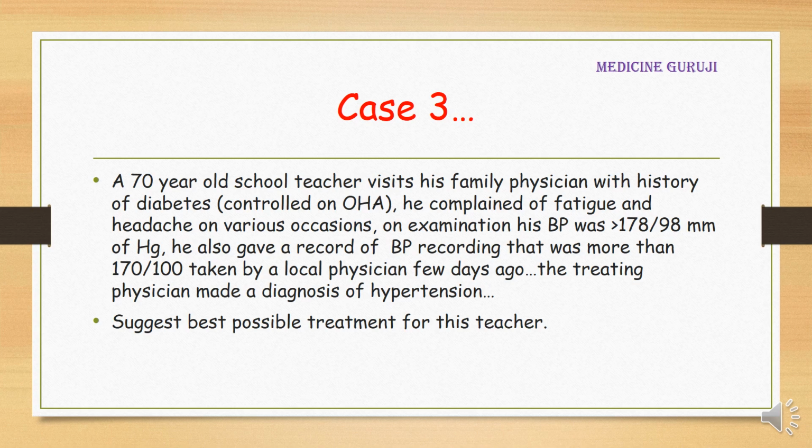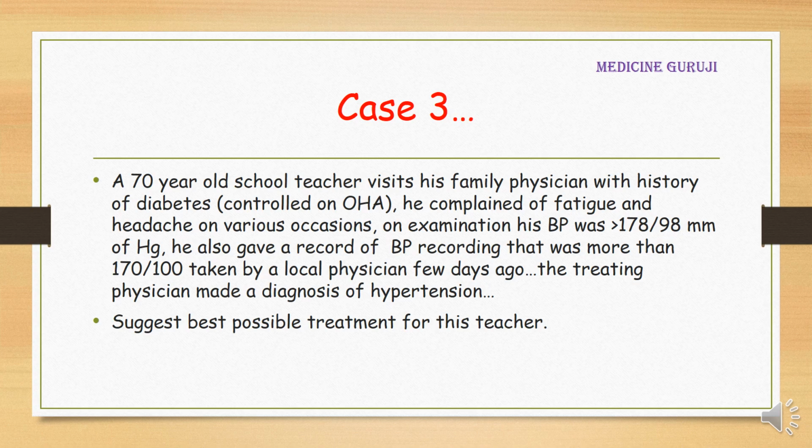Now we will see a case. A 70-year-old school teacher visits his family physician with history of diabetes. He was controlled on OHA. He complained of fatigue and headache on various occasions. On examination, his BP was more than 178 by 98 millimeters of mercury.